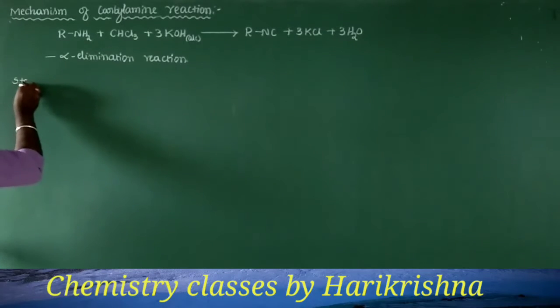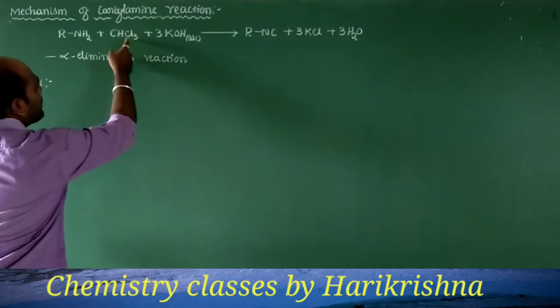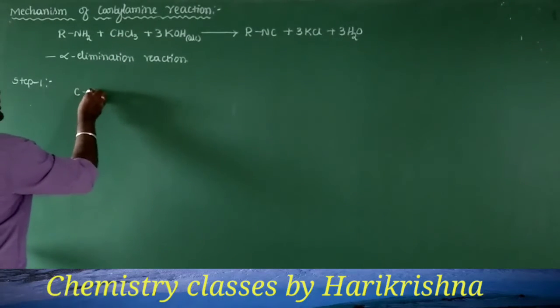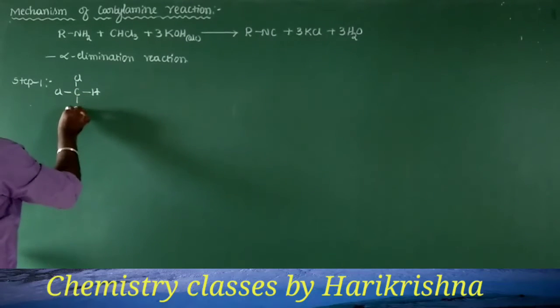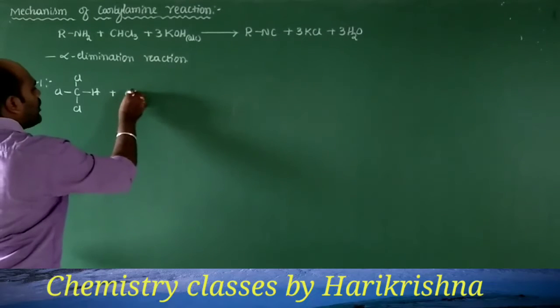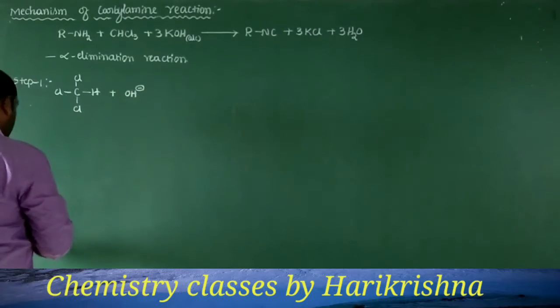Firstly, in step 1, the chloroform will react with one molecule of potassium hydroxide. So this is the chloroform, CHCl3, and one unit of OH minus comes in to react with chloroform.